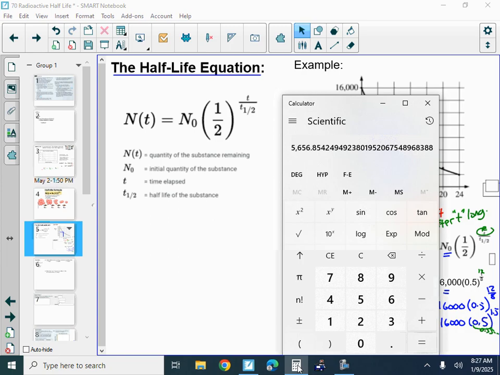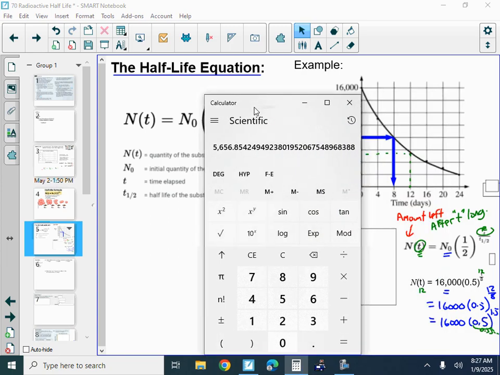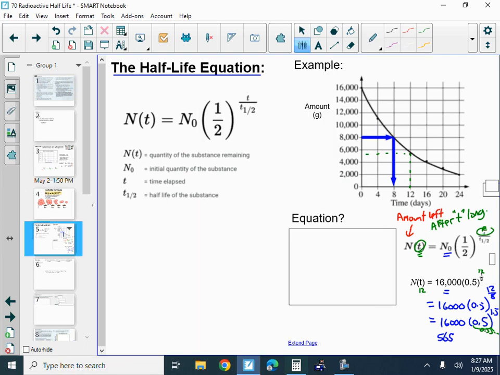And it leaves us with 5,656.85, dot dot dot, showing that we could keep more decimals. We would decide, of course, appropriately how many to keep, depending on what number of significant digits we had. But you can certainly see that that number matches this value in there, right?